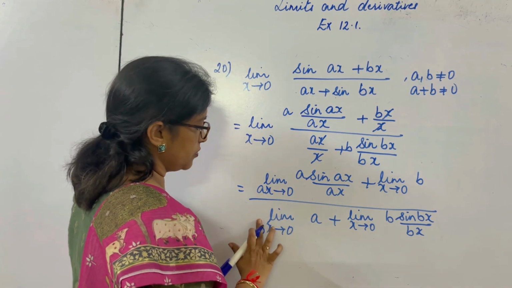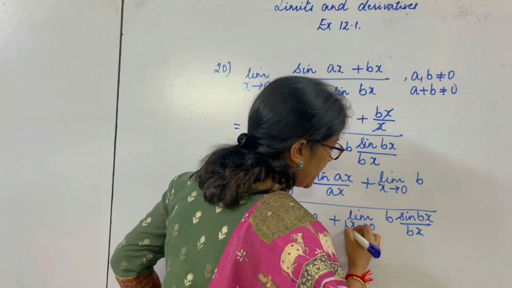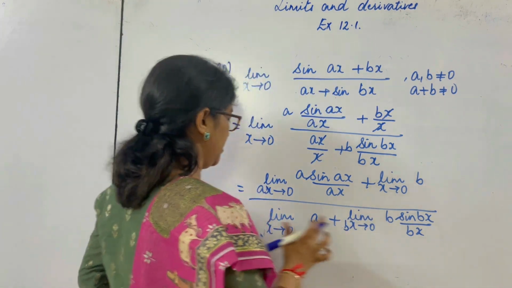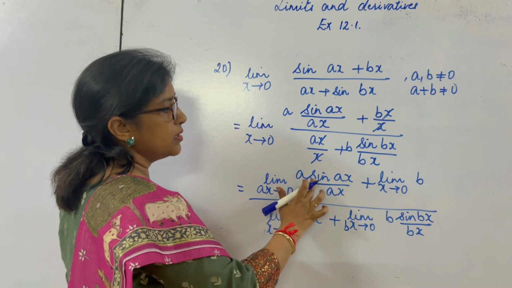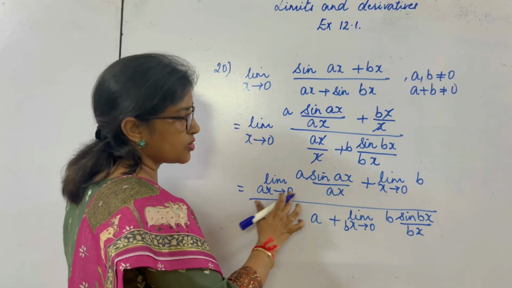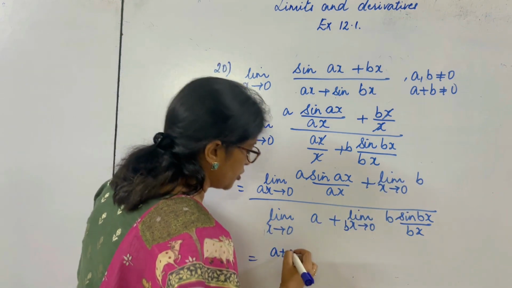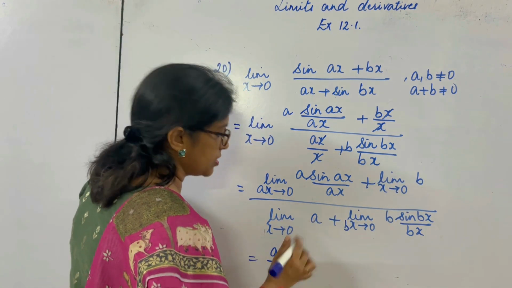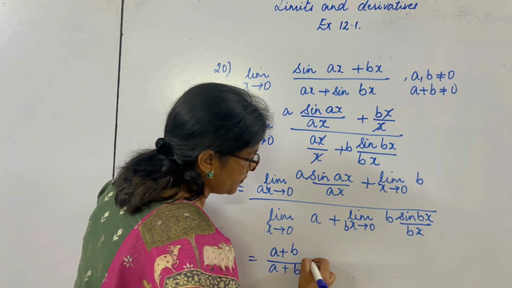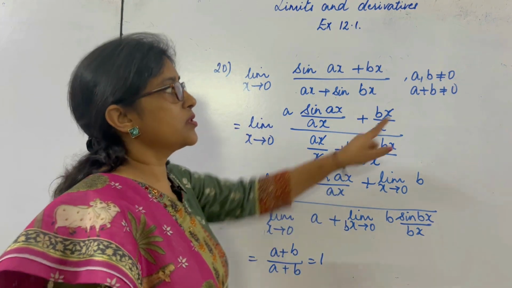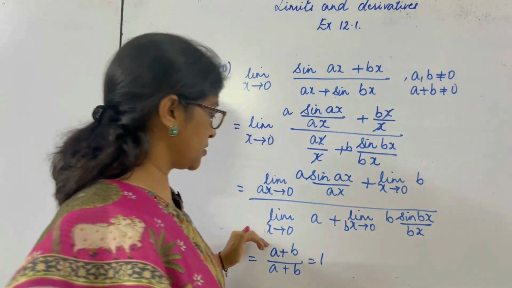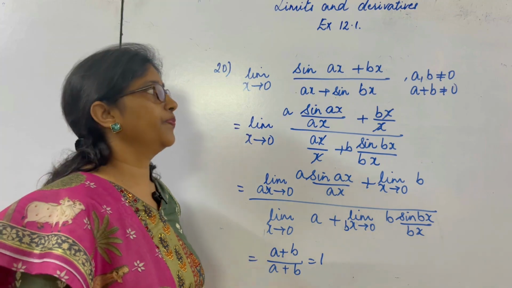Over here, bx multiplying with b. Okay, now you can substitute the limit. Sin theta upon theta, when theta tends to 0 is 1. So you have a plus, limiting value for constant is the same constant. And that's why you see you are given a plus b non-zero, because only then you can cancel this term.